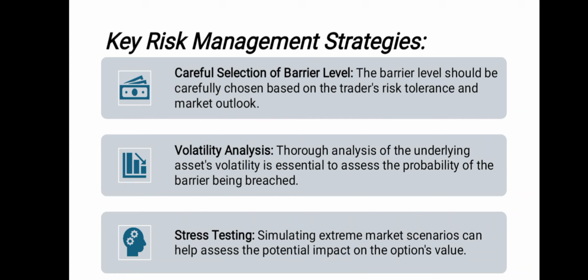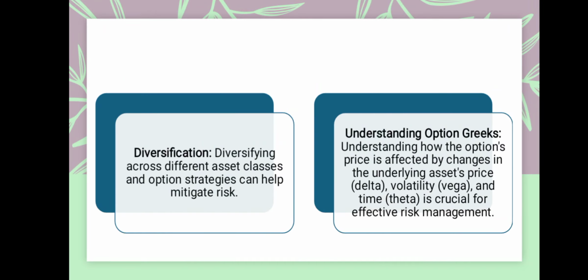Next is stress testing. Due to various conditions in the market, various risks and unexpected factors can increase, so it should be tested through stress testing. It is a simulation model that can evaluate the impact of various conditions on the barrier option. Next is diversification, which means if we diversify among various classes of assets, even if one asset gives us a loss, other assets can increase the profit.